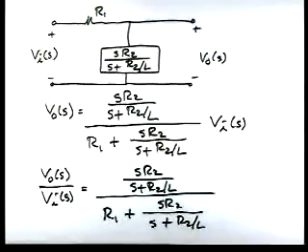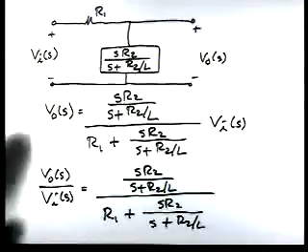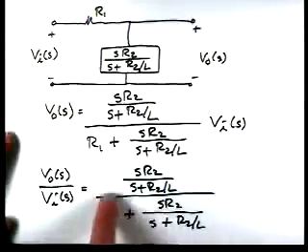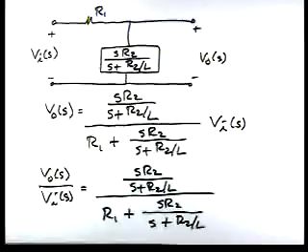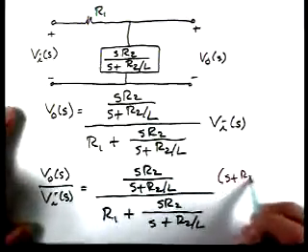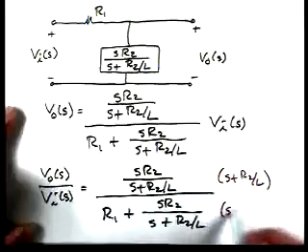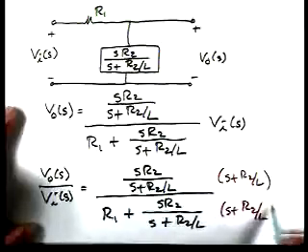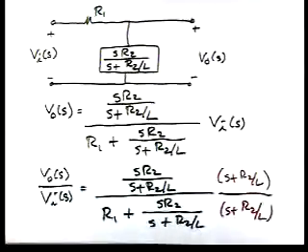We need to get this into a form that we can begin to decide what type of filter it is. So for instance, let's multiply the top and the bottom by S plus R2 over L, so we're going to multiply it by 1.